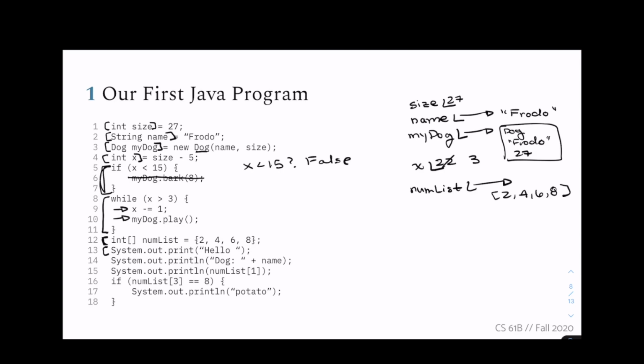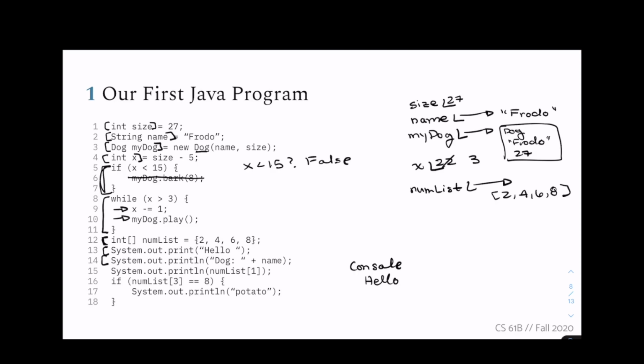Ooh, our first print statement. So we can pretend there's been a console here. And so System.out.print hello. All that does is print out the word hello with a space after it. Doesn't do anything else. The next line does System.out.println dog plus name.